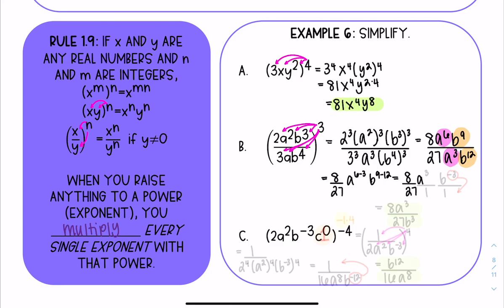And so we get a cubed, and I'm going to write this over 1, and then b to the negative 3. And so we just got to make sure that we move that b to the bottom to get the final answer. On the top we end up with an 8 and an a cubed, and on the bottom we end up with a 27 and a b cubed. And that's your final answer.